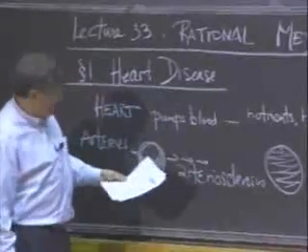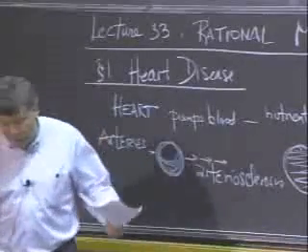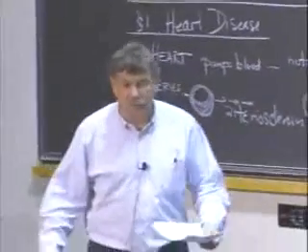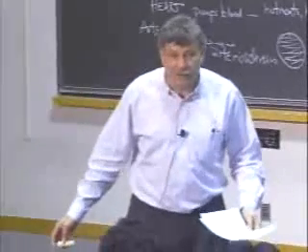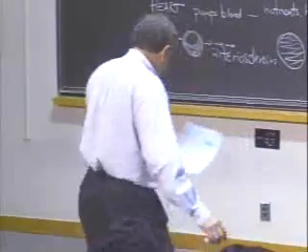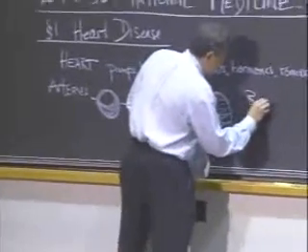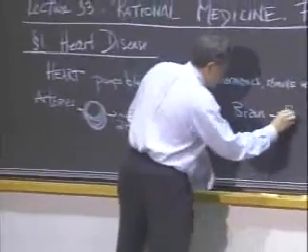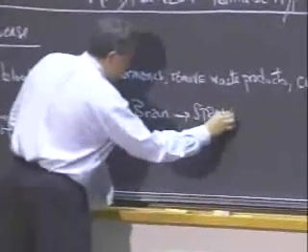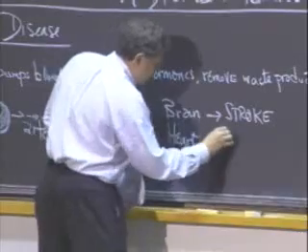Other problems can happen here too, where you could have insufficient blood supply to the brain. What happens when your brain doesn't get enough oxygen? Stroke. So we have many of these issues. So if it's the brain, stroke. If the tissue that doesn't get enough oxygen is the heart, you get a heart attack.